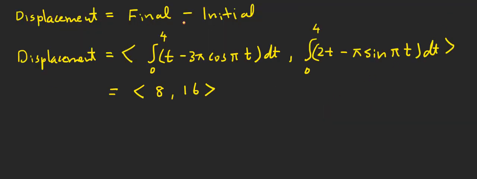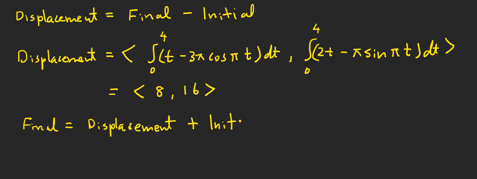Now, since displacement is final minus initial, you could say that our final position will be displacement plus initial. So what is our final? It's going to be displacement 8 plus, what was our initial? It was 1, comma 5. So it's going to be 8 plus 1, and then 16 plus 5.